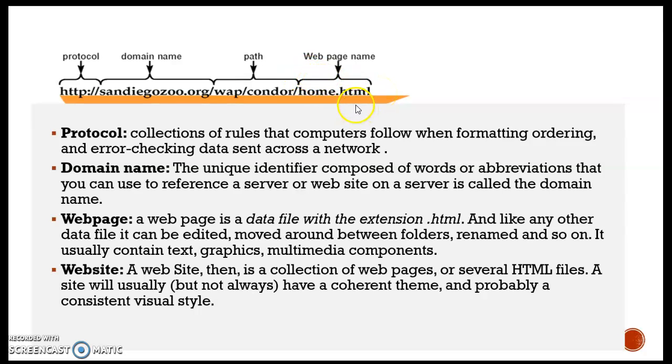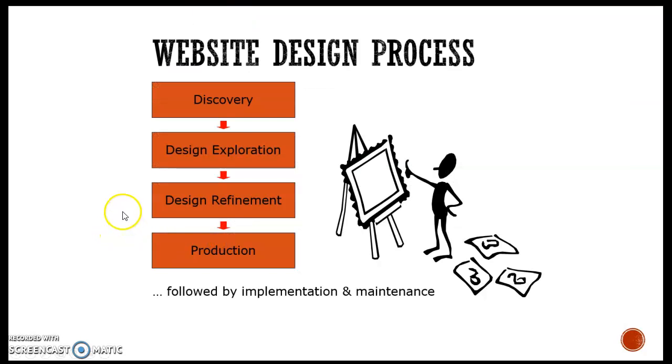But every file pulled up has a file name that the browser can recognize, such as index.html or .php, etc. A domain name is a unique identifier composed of word abbreviations that refers to a server or a website on the server. So it's a unique address. That's what you're buying when you buy the host name. Web server, web host.